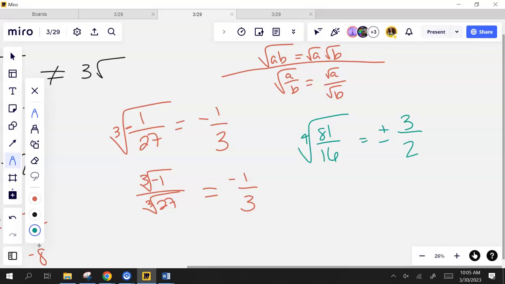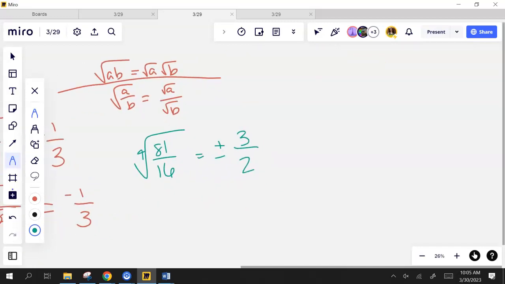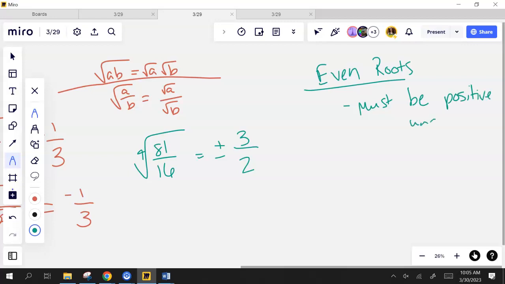So let's make a general statement here. Even roots, you got to have positive under the radical, and they get a plus or minus on the answer.